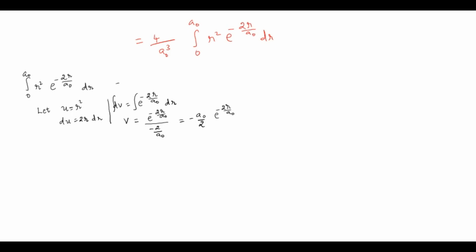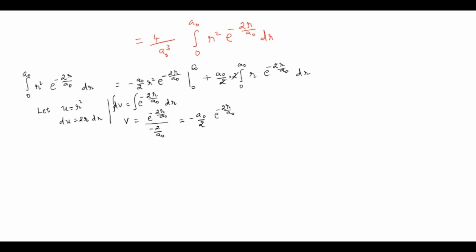So uv, that is r square into this, so minus a naught by 2 r square e power minus 2r by a naught from 0 to a naught, not infinity, right? Minus integral of v du, so v is minus, and minus minus gives plus a naught by 2, du has a 2 here, 0 to a naught, r e power minus 2r by a naught into dr. The 2 gets cancelled.